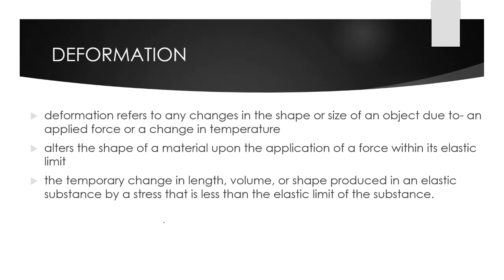So that is what we call the change in temperature. Deformation also alters the shape of a material upon the application of a force within its elastic limit. It is also the temporary change in length, volume, or shape produced in an elastic substance by a stress that is less than the elastic limit of the substance.